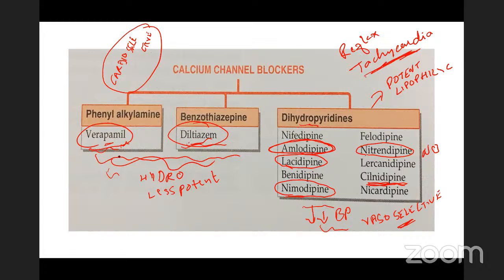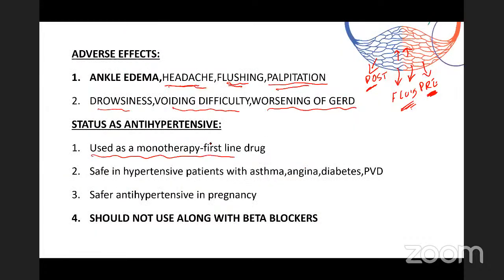So these calcium channel blockers are now used as monotherapy, particularly in elderly patients. It is a safer antihypertensive, can be used in patients with asthma, angina, diabetes, and peripheral vascular disease. It is also a safer antihypertensive in pregnancy. One more point you have to remember: it should not be used along with beta blockers. The combination of calcium channel blockers and beta blockers should be avoided because both have negative inotropic action on the heart.